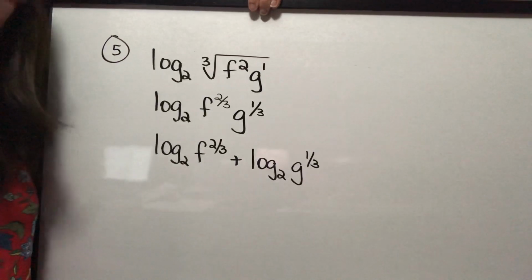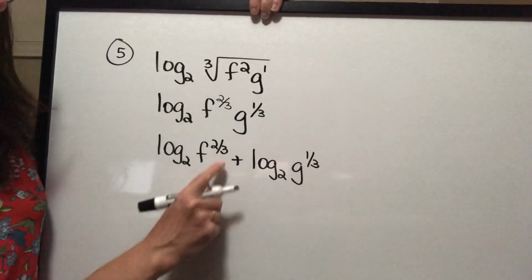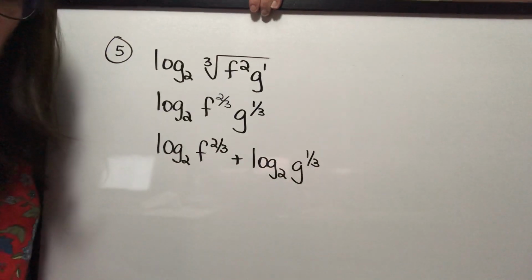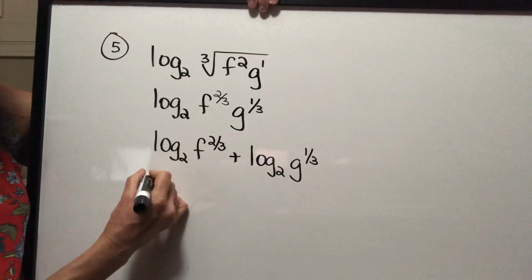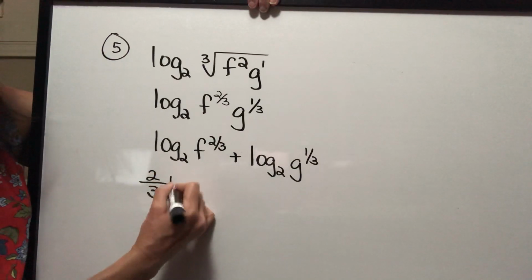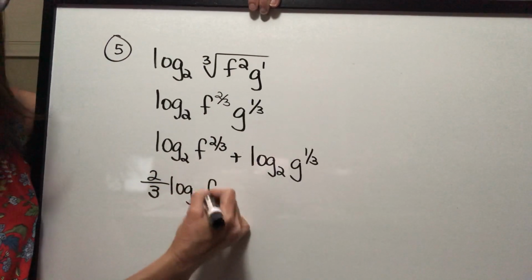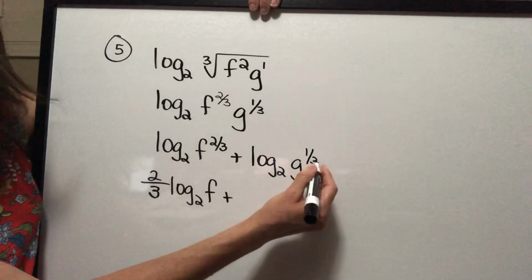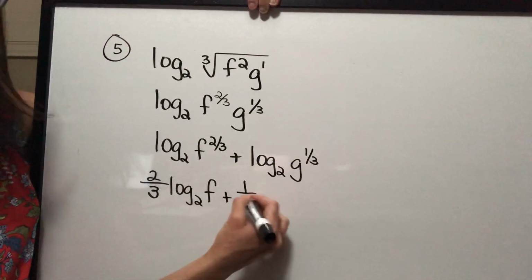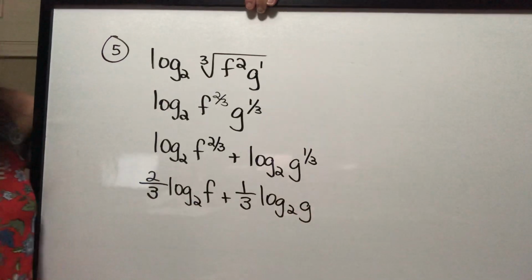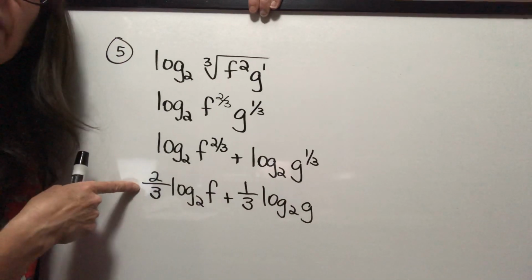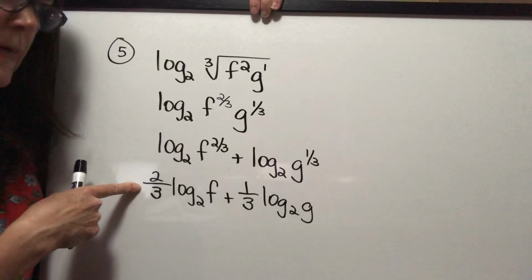Then we need to do one more step, the power rule. Because they both have exponents, we need to go one step further. The exponent will be multiplied to the log. So the first one would be 2/3 log base 2 of f. And then the 1/3 will be multiplied, so it's 1/3 log base 2 of g. This one right here would be your final answer for number 5, fully expanded.